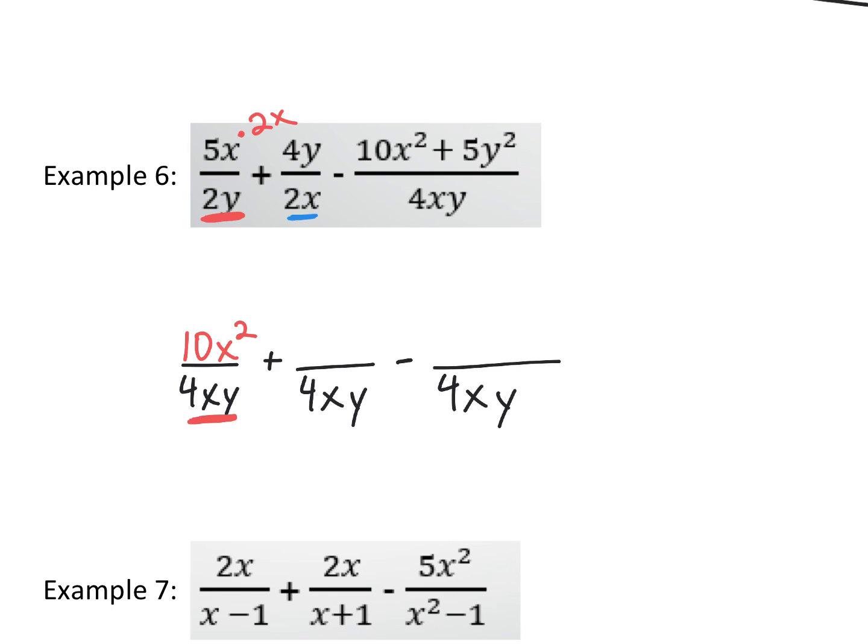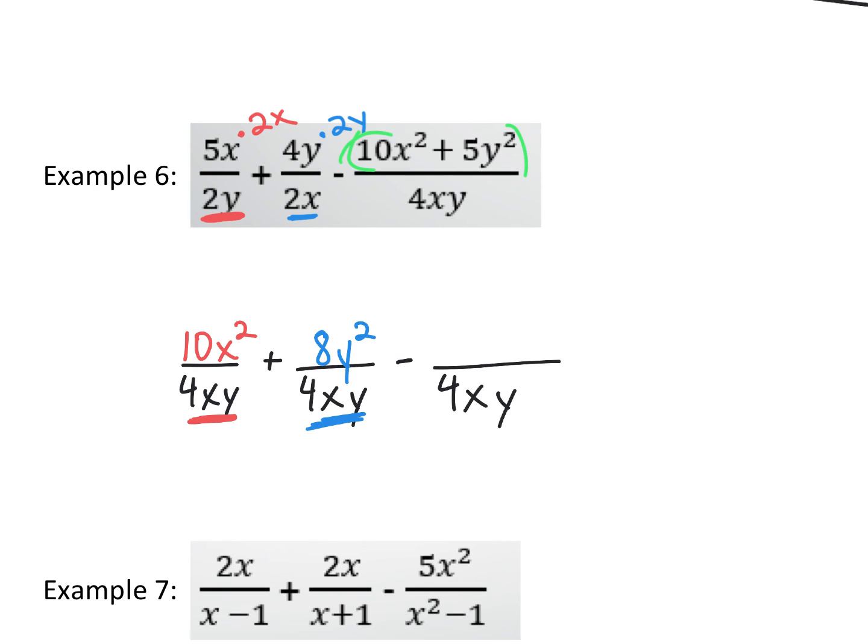Second one, 2x to 4xy, I multiply by 2y, so 4y times 2y. Perfect. And then last but not least, 4xy to 4xy, nothing. But there's one thing I need to see here. It's negative 10. This negative still has to be distributed here.